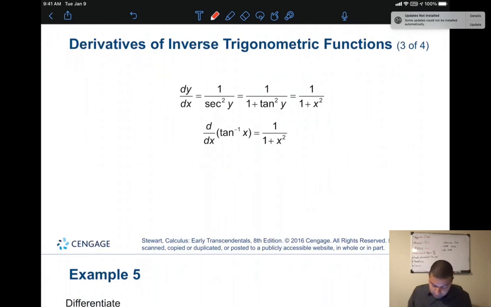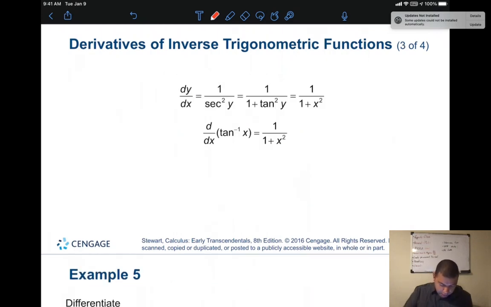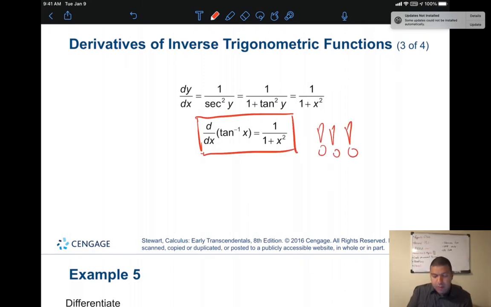You can do something similar with secant. What I'm saying is you can do the same to find the tangent inverse. That's another one that's good to memorize. It's not that hard to memorize, but either you memorize it or you find it.